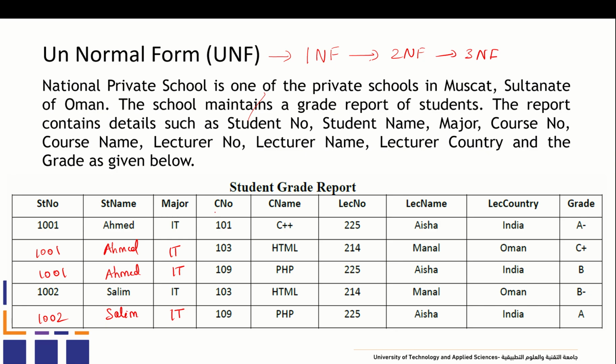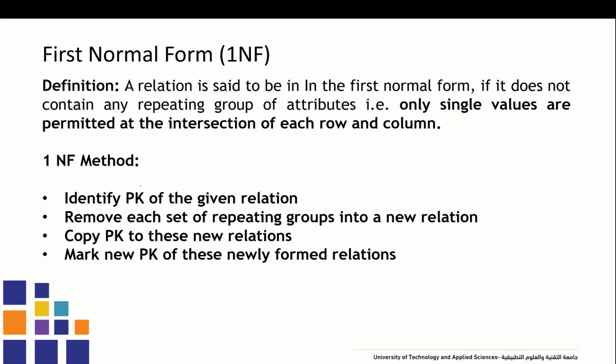What is first normal form? First normal form means there should not be any repeating groups in the table. No repeating groups of attributes in the table. Then all the values of a column should be single valued, not multi-valued.